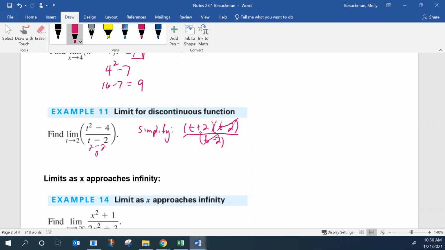These cancel, and we're left with t plus 2. So then try to find the limit as t approaches 2 of your simplified function. Now it works. Now I can substitute a 2 in there, and I end up with 4. Okay? So the graph of this would be a straight line, t plus 2, with a hole at the coordinate 2, 4.